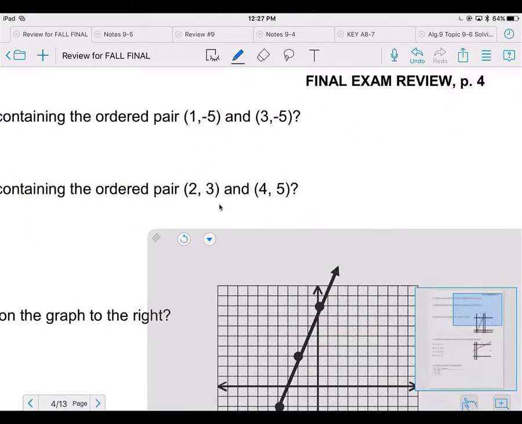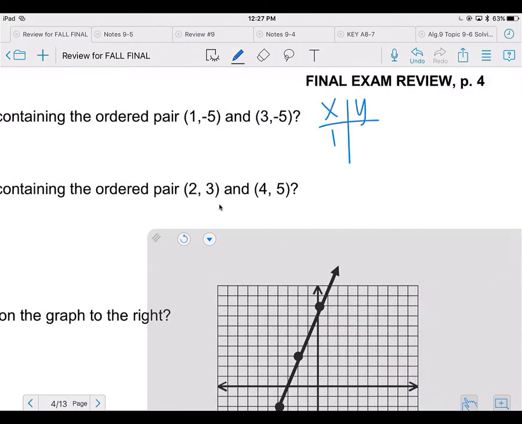For 18, a line containing this ordered pair, we're going to put into stat edit.